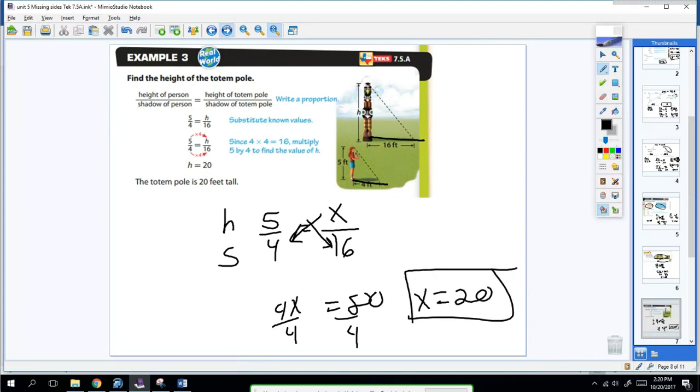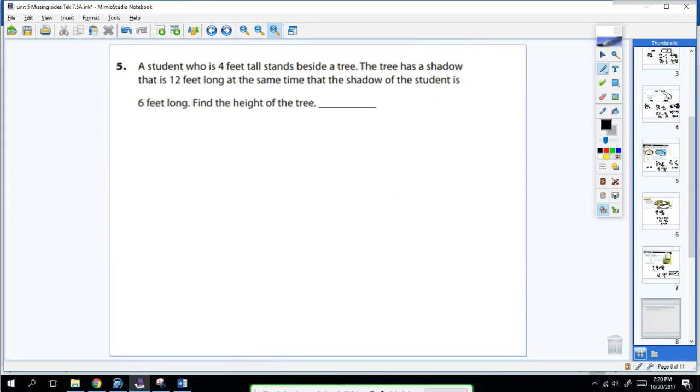Okay, let's try another example. A student who is 4 feet tall stands beside a tree. The tree has a shadow of 12 feet long. At the same time, the shadow of the student is 6 feet long. So we're going to draw a picture. Got this little student here. He is 4 feet tall, and his shadow is 6 feet long.